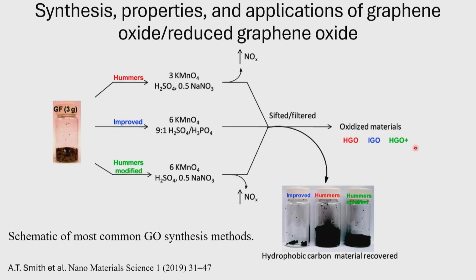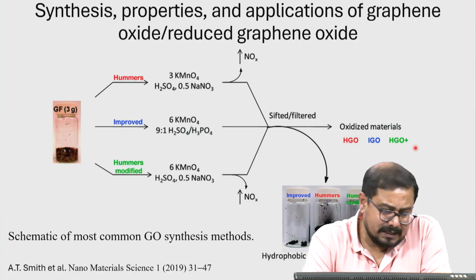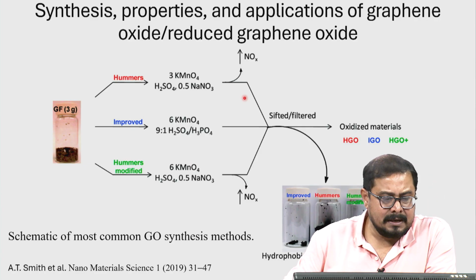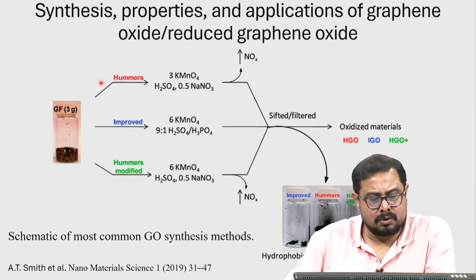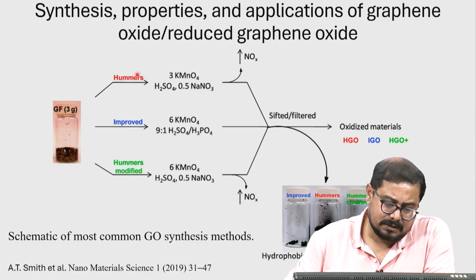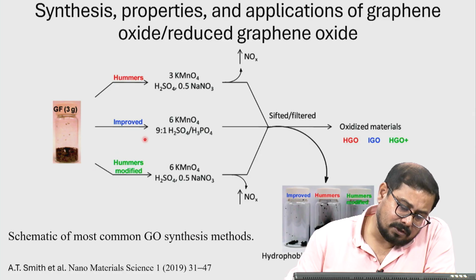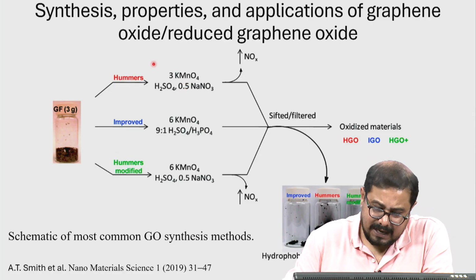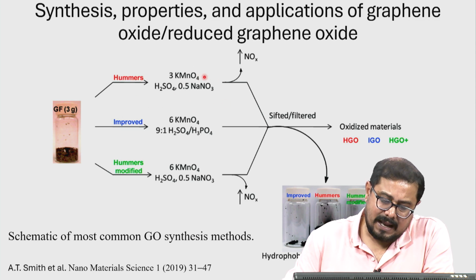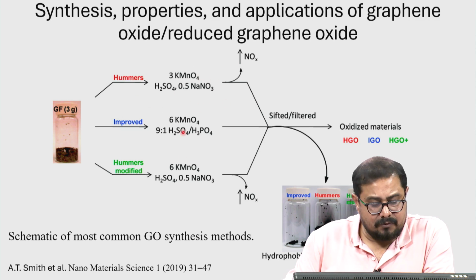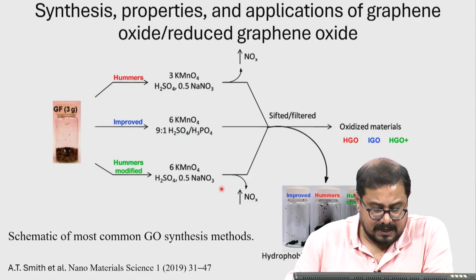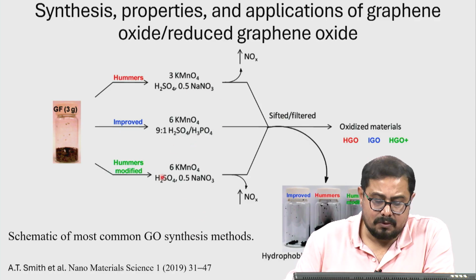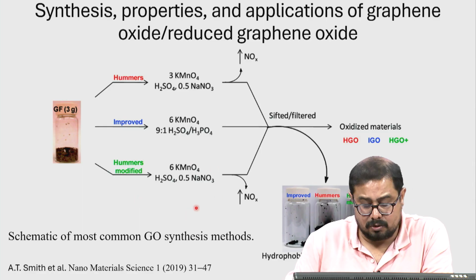So how can we prepare this graphene oxide sample? Generally, if we have graphene powder, we can use the Hummers method, or the improved or modified Hummers method, where we use KMnO4 with sulfuric acid and nitric acid, or KMnO4 with sulfuric acid and phosphoric acid. Here you can use KMnO4 with sulfuric acid and sodium nitrate.